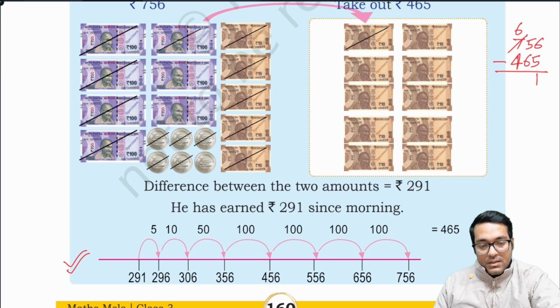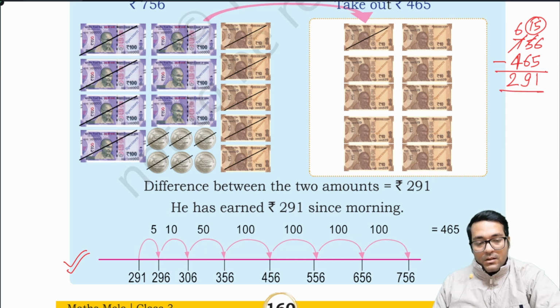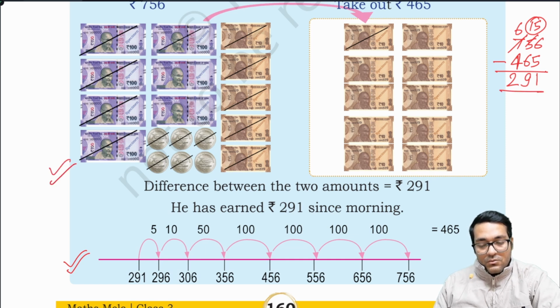It becomes 6 and 5 becomes 15. 15 minus 6 is equal to 9. 6 minus 4 is equal to 2. The answer is 291. You can use notes and coins like this.